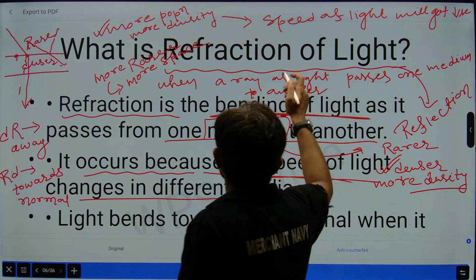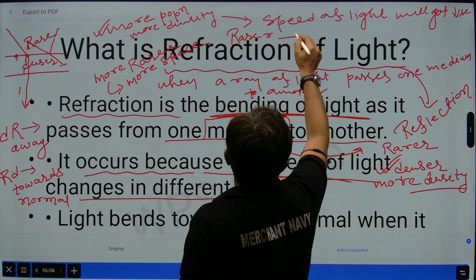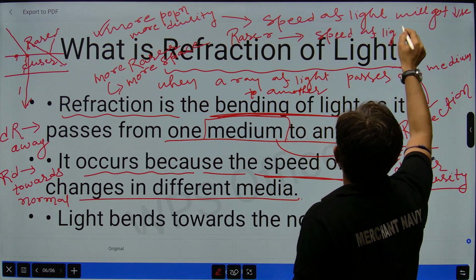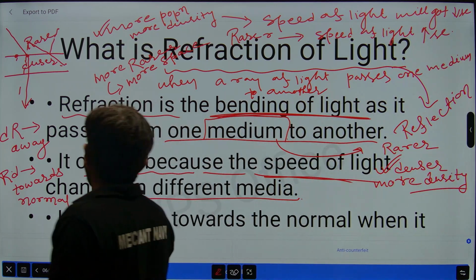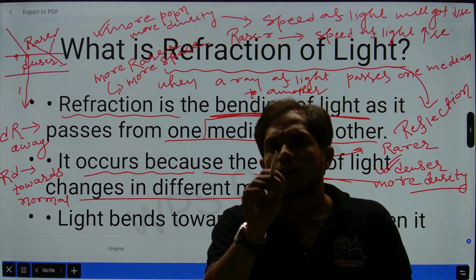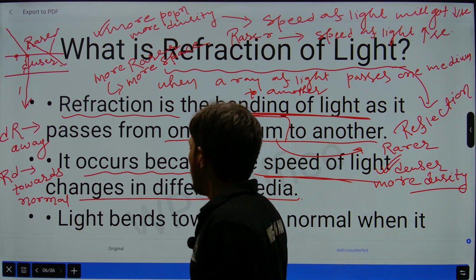So here also, in a rarer medium, the speed of light increases. It occurs because the speed of light changes when passing from one medium to another medium.